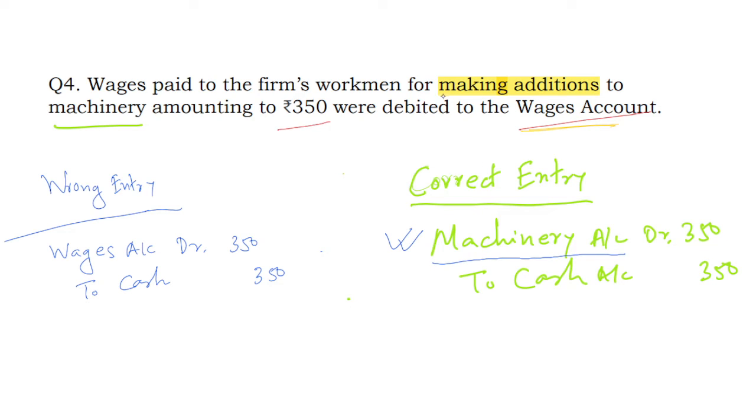So here, for making additions to the machinery, this value should be added in the machinery account, not in the wages account. It should not be treated as an expense, because the question says it is for making additions in the machinery.